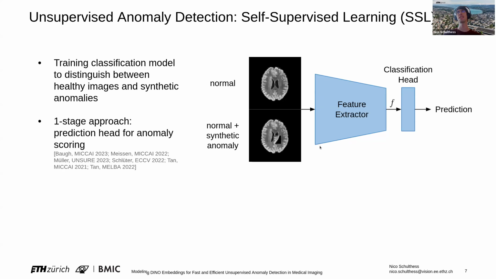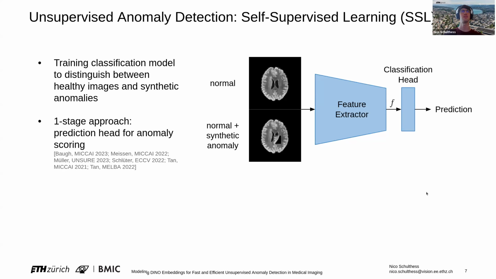And then either a classification or a segmentation model is trained in a supervised manner on this normal plus synthetic anomaly data. And in the so-called one-stage approaches, this model, after it's trained, is used directly to detect anomalies in real data.